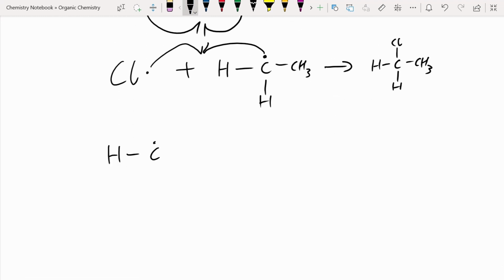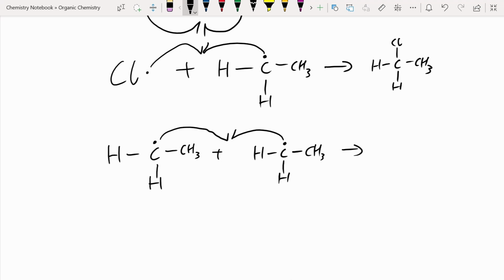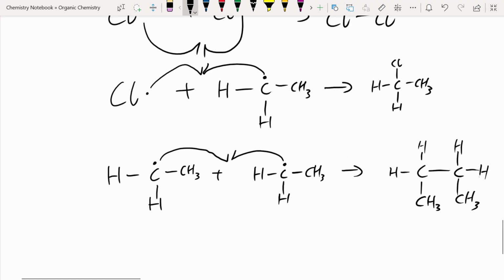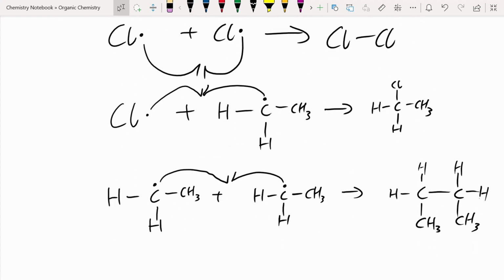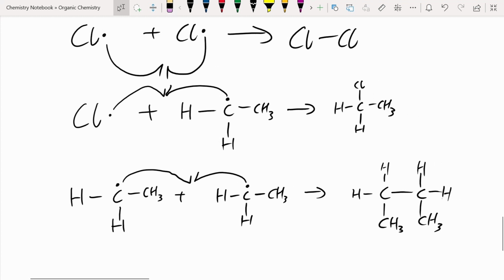You only need three of these. Okay, so as you can see here, these are the three termination steps, and that's about it.